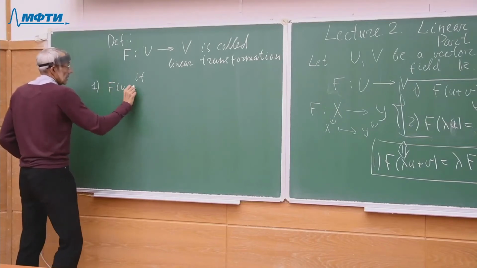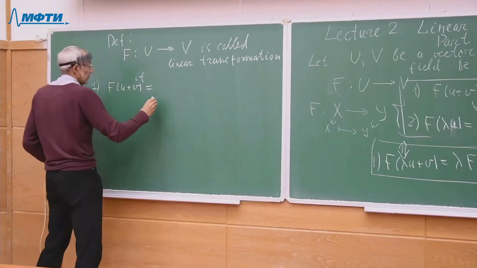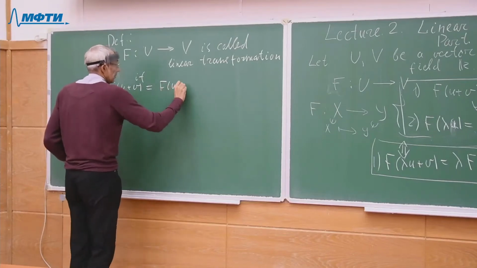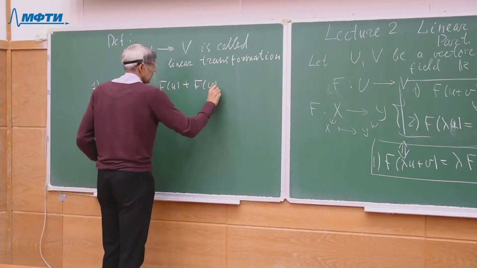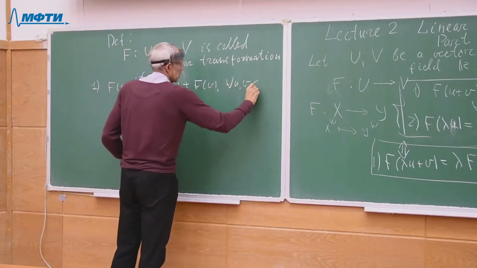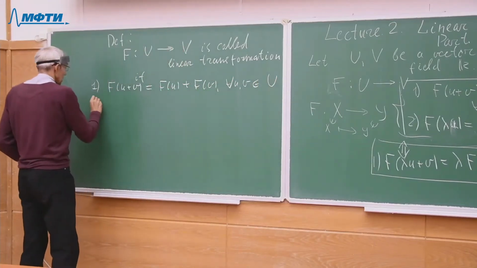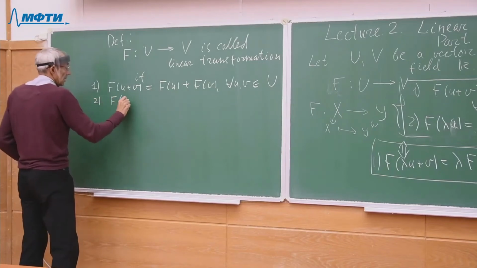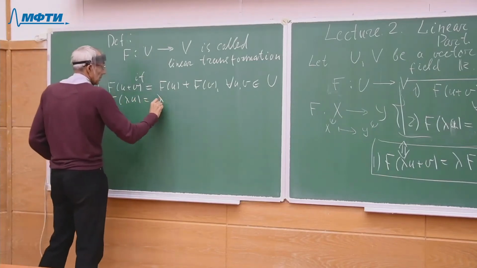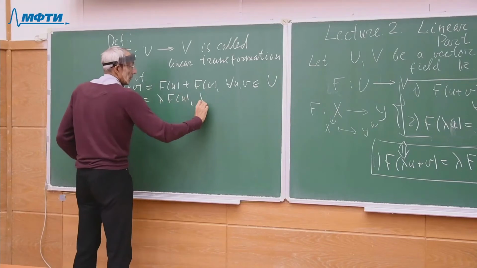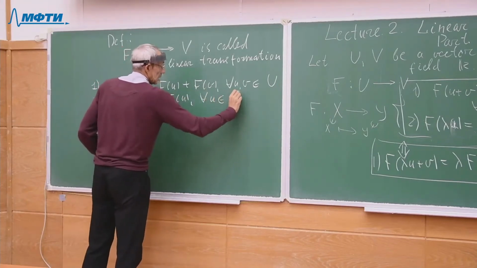First: F(u plus v) is equal to F(u) plus F(v) for all u, v which belong to capital U. Second property: F(lambda u) is equal to lambda F(u) for all u from capital U.